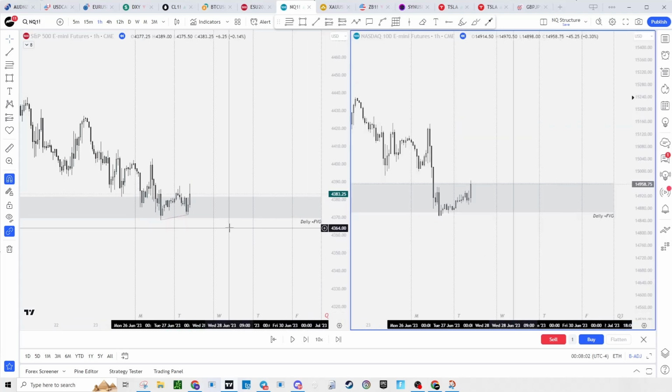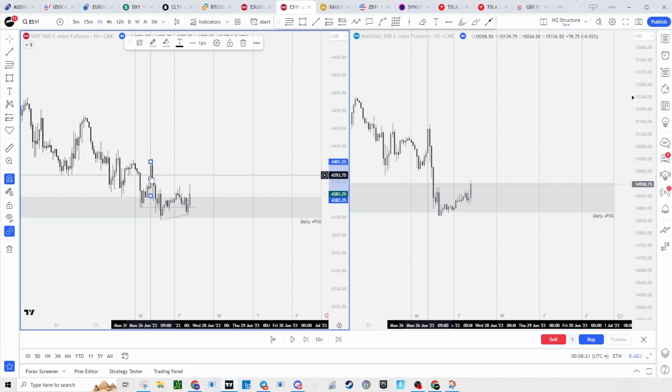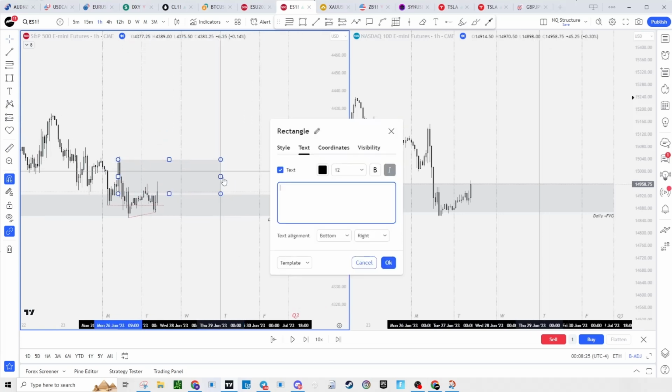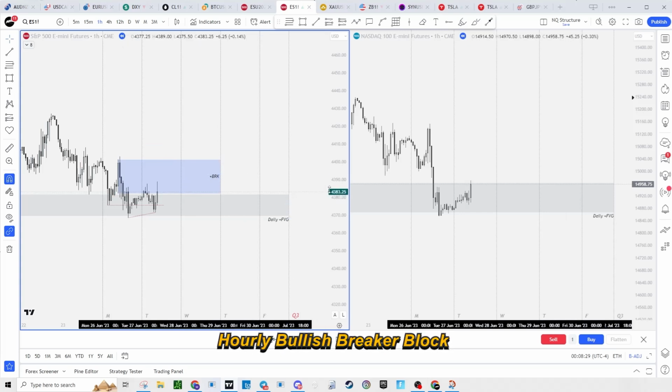Another thing that I do like about the S&P 500 is we ran these lows, so I consider this a stop hunt, and the last up close candle before we ran the stops would be this hourly candle, and I would drag that out in time and mark this off as our potential hourly bullish breaker block.